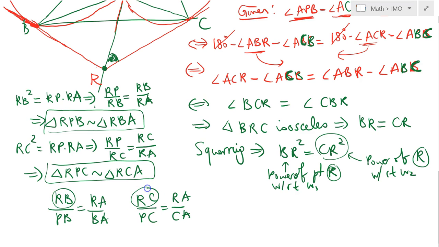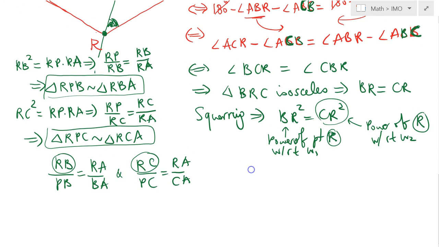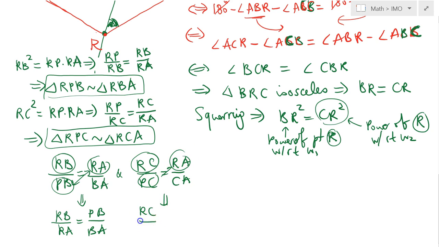Now if I just simply rearrange these two carefully, if I just change place for these two, I'll get that RB over RA is equal to PB over BA, and for this one the same thing. If I just exchange these two, I'll get RC over RA is equal to PC over CA, and boom.